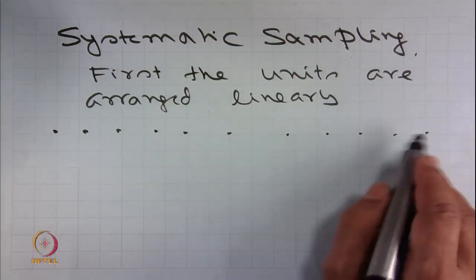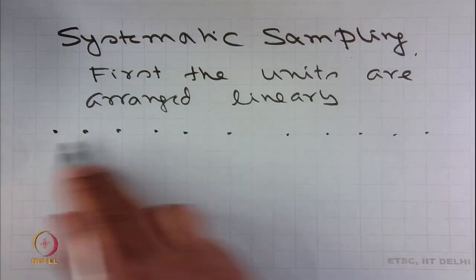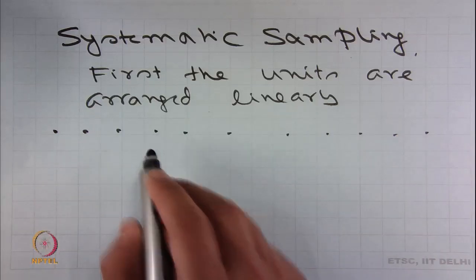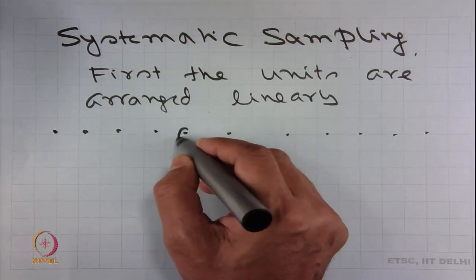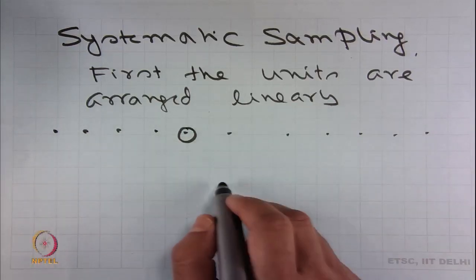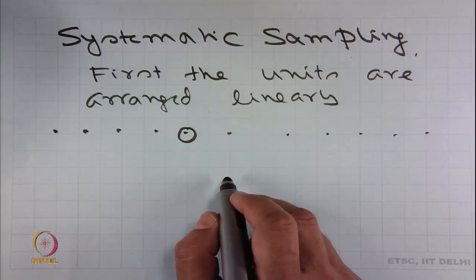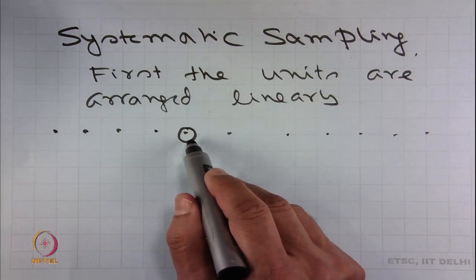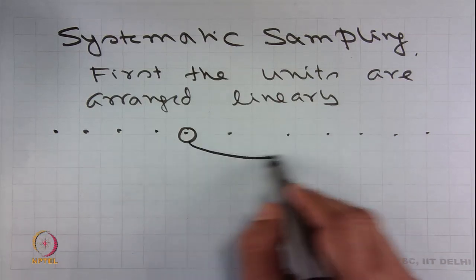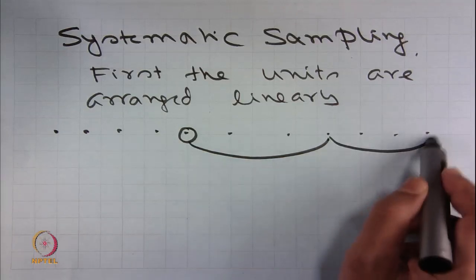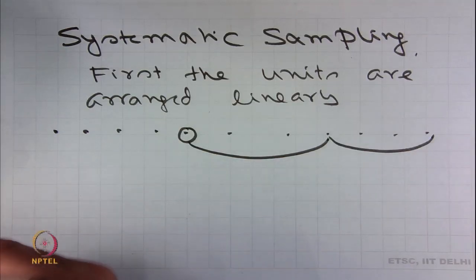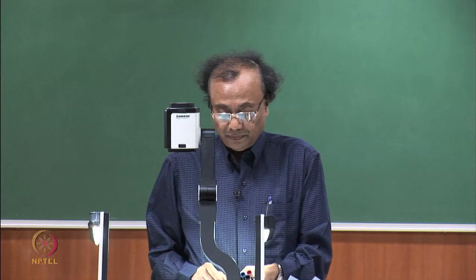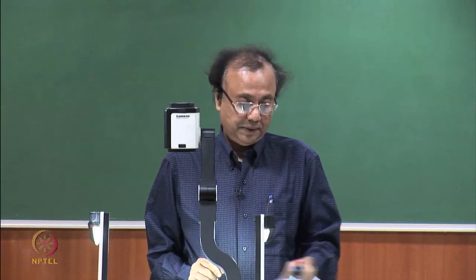Then instead of applying simple random sampling over the entire population, a starting point is randomly chosen. After that, the members are chosen according to some fixed interval. This is also a very useful technique for sampling, as it is much less time consuming and costly in comparison with simple random sampling.